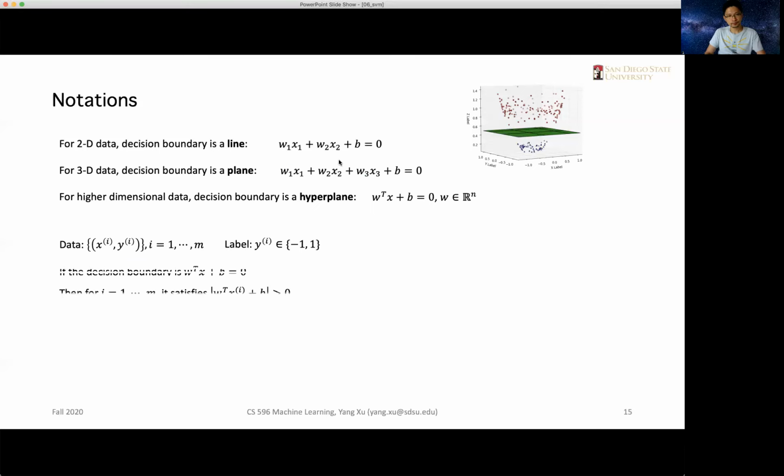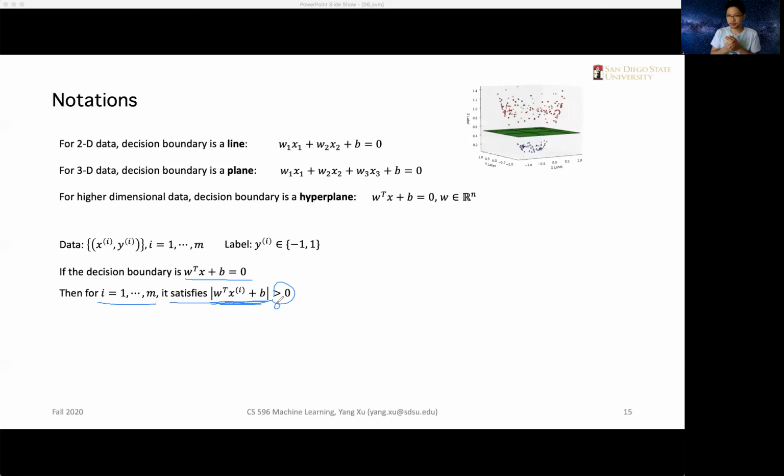Okay, so next, if the decision boundary is described by this linear equation, then for any data point, the absolute value of that equation should be strictly greater than 0.